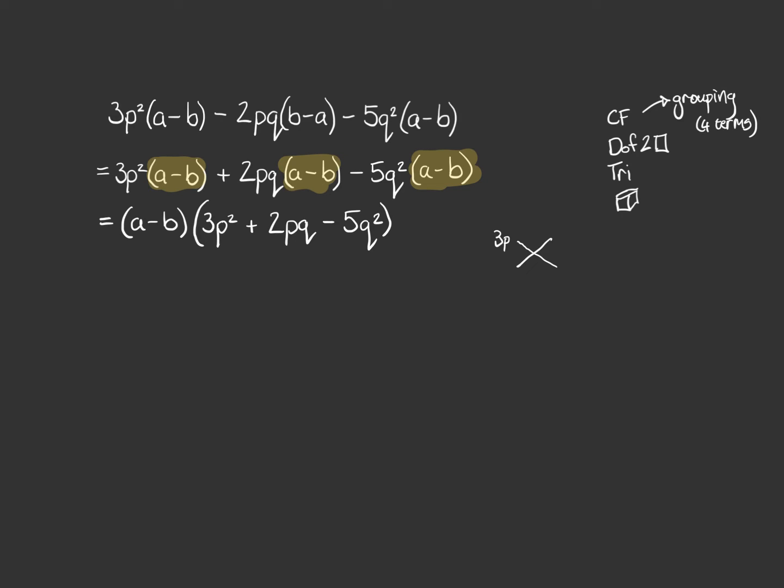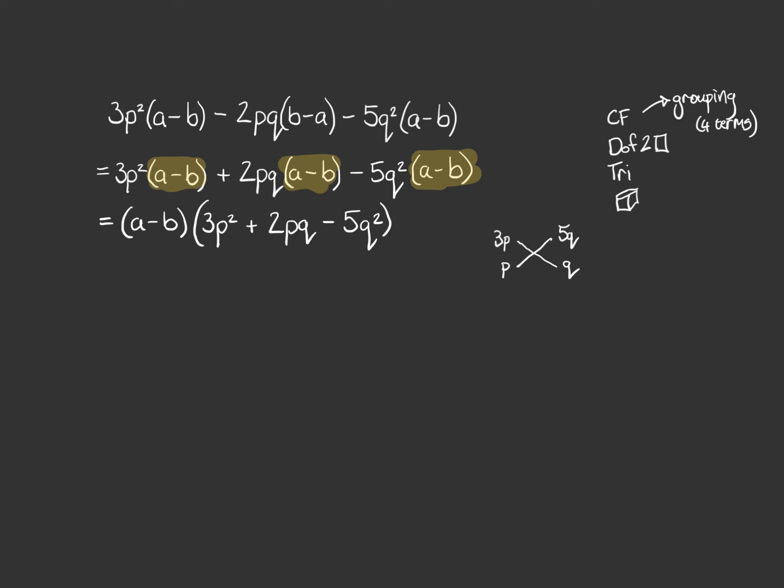I like to use this method where I draw a nice little cross and then I put the factors of the first and the last term in over there. So 3p times p gives me 3p squared, and then of course 5q times q gives me 5q squared. You'll notice that I haven't paid much attention to the minus just yet. I am going to put that in later on.